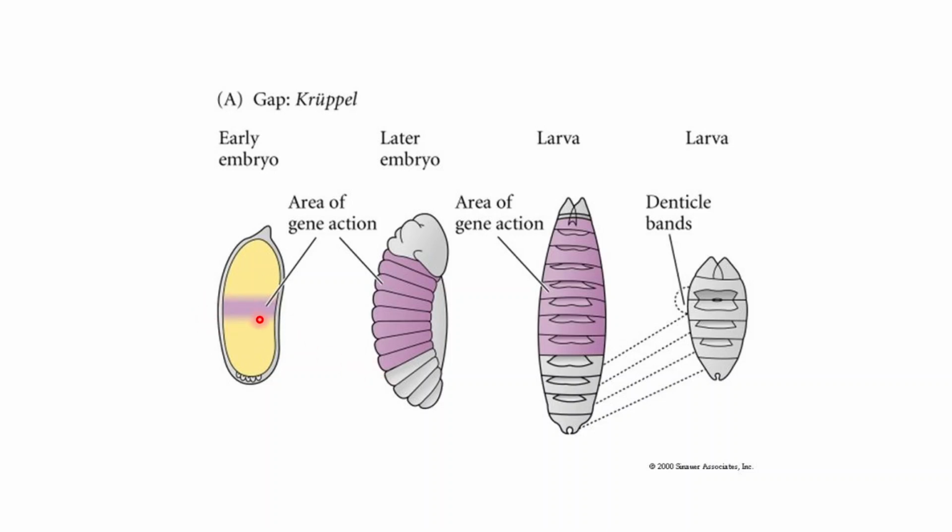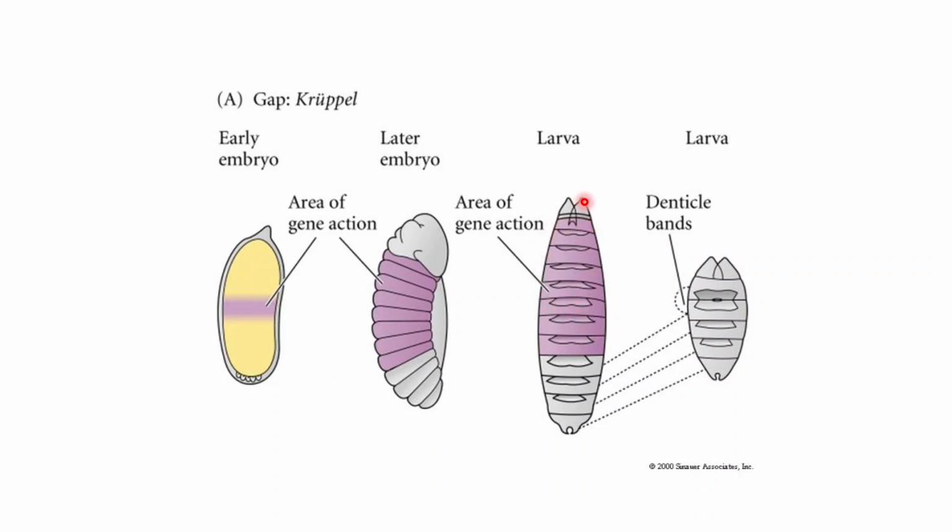Later in the embryo, this area will lead to formation of many segments, many body plans. And in the larva, we see that this body plan is extended and has a higher area of influence. Now if we have a mutation in such a gap gene, then all this purple region will be missing.